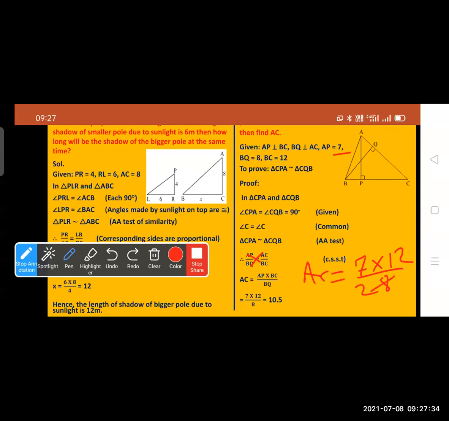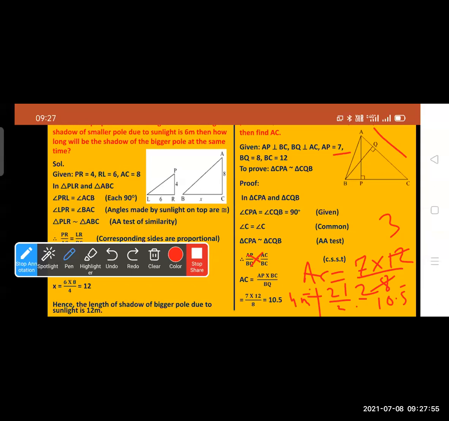So 4 2s are 8, 4 3s are 12, so 21. 21 by 2 is 10.5 units. Okay, so here you write 10.5 units. So the length of AC is 10.5. In such way we solve all the questions.